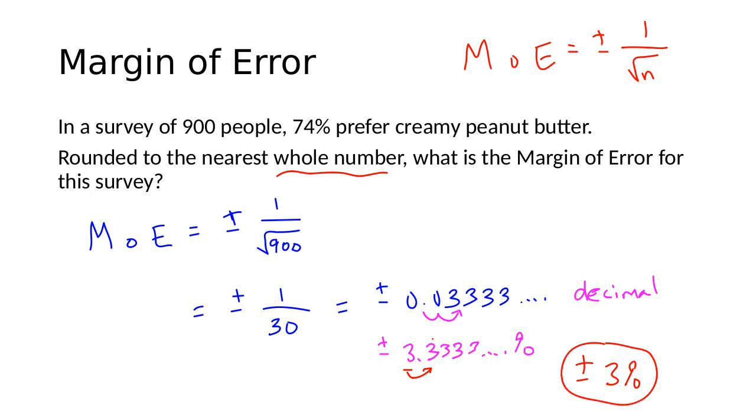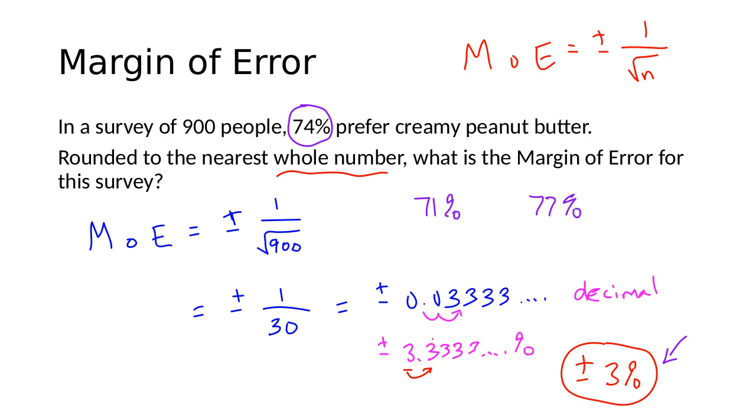We should take just a second and realize what that means. The results of our survey said that 74% prefer creamy peanut butter, and our margin of error is plus or minus 3%. So we want to go down by 3% to 71% on the low end, and then up 3% from that 74 number to 77% on the high end.